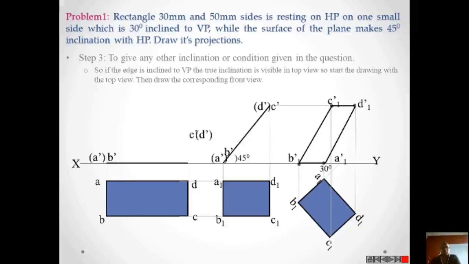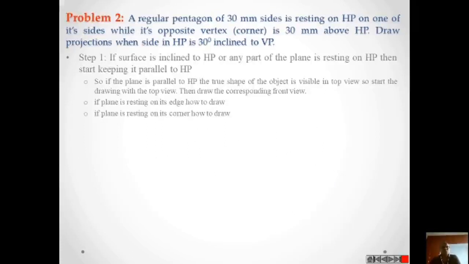So we will see the second question. A regular pentagon of 30 mm sides is resting on HP on one of its sides, while its opposite vertex or corner is 30 mm above HP.